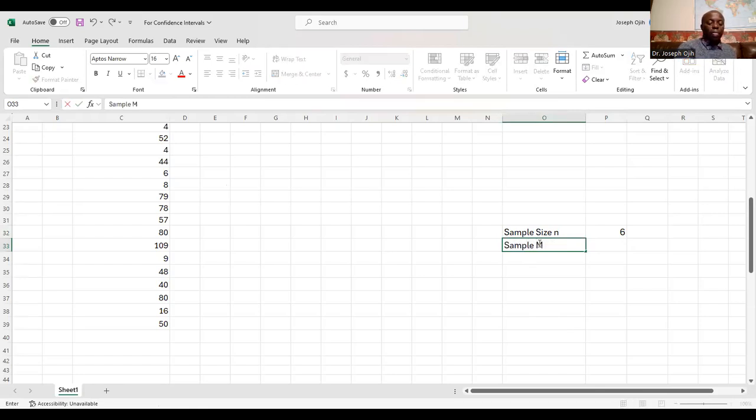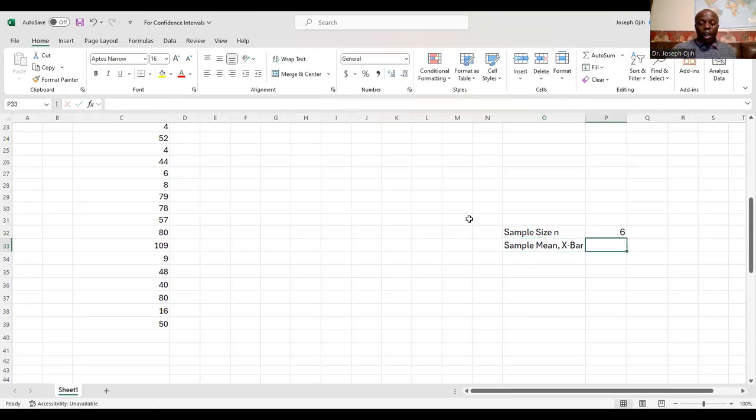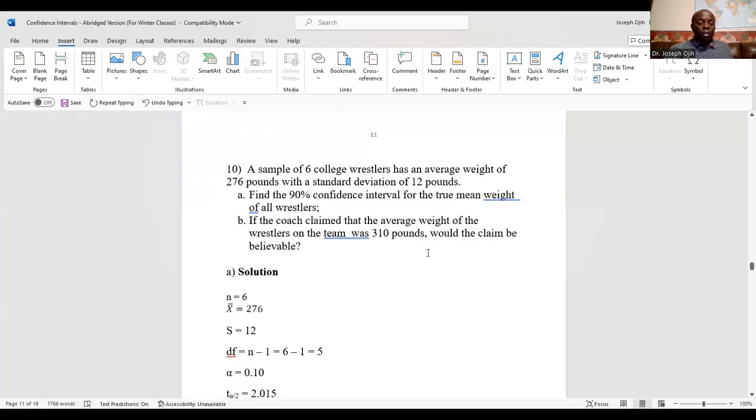Then the sample mean, X bar: the average weight of the wrestlers is 276 pounds. And the sample standard deviation is 12 pounds.